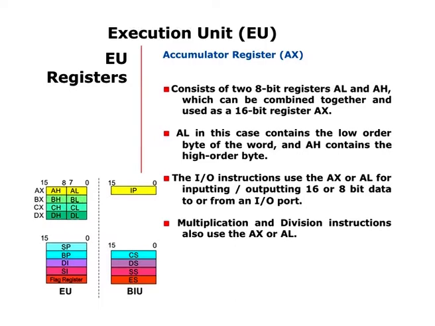Multiplication and division instructions also use the AX or AL. As we all know, in 8085 also the accumulator or A register was always involved in performing arithmetic and logical operation. It used to store one of the operands for performing arithmetic or logical operations.